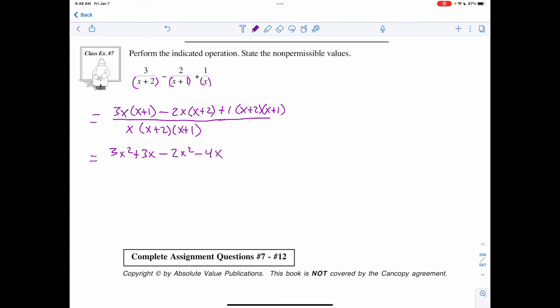And finally, this multiplied by 1 isn't going to change what the result of this one is. And it's positive, so I don't need to worry about that. So now I can just expand out x plus 2 times x plus 1, and I'm going to get x squared plus 3x plus 2 all over x plus 2, and x plus 1.